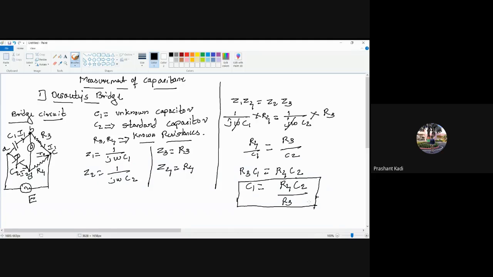De Sauty is the scientist's name, he invented this bridge network. A modification of de Sauty's bridge is another bridge, the Schering bridge. This bridge is also used for measurement of capacitance.